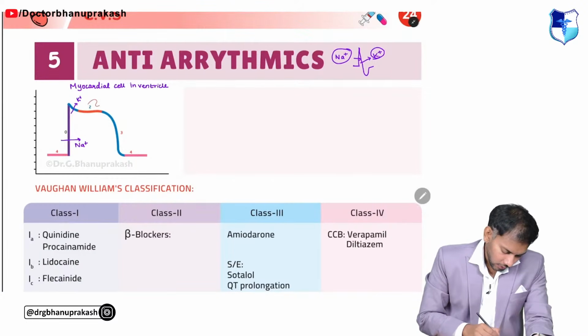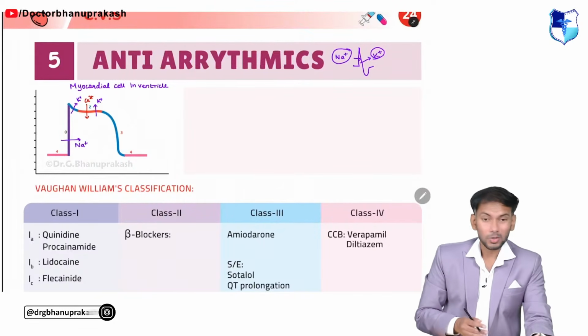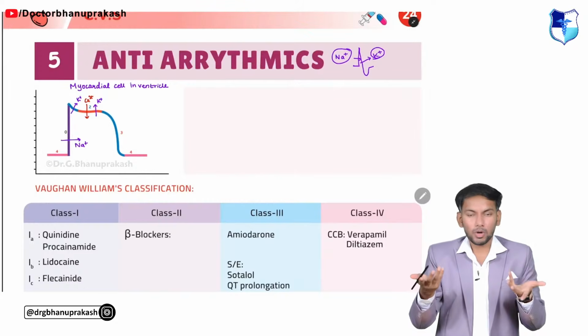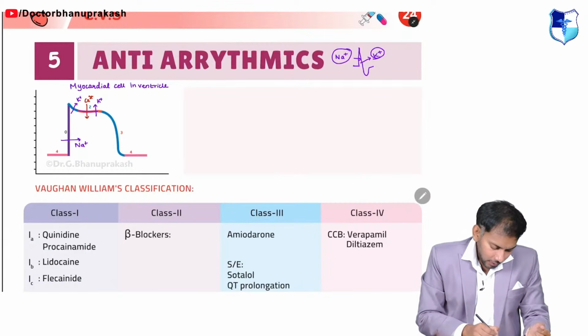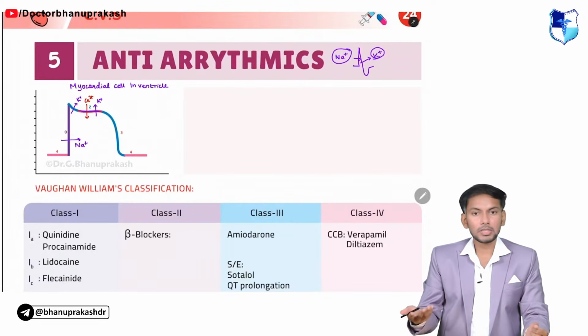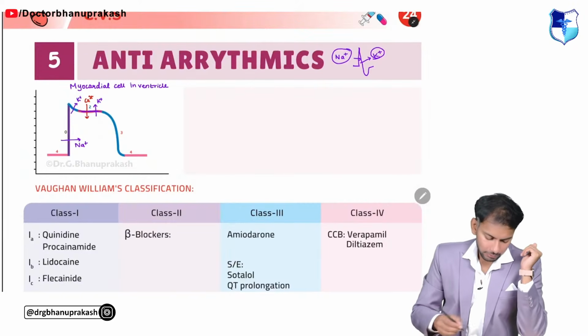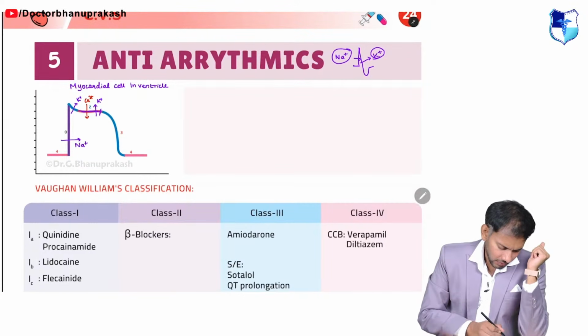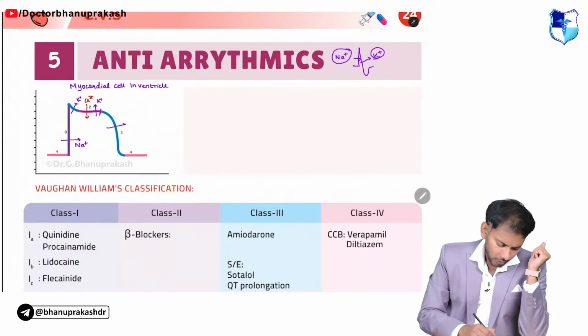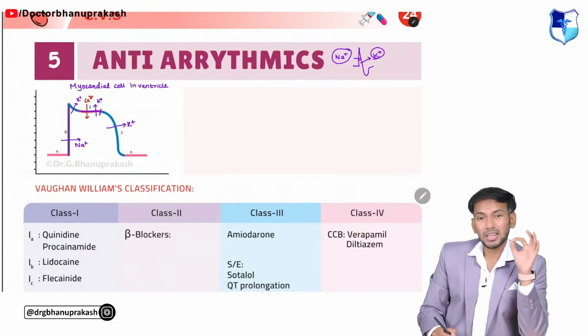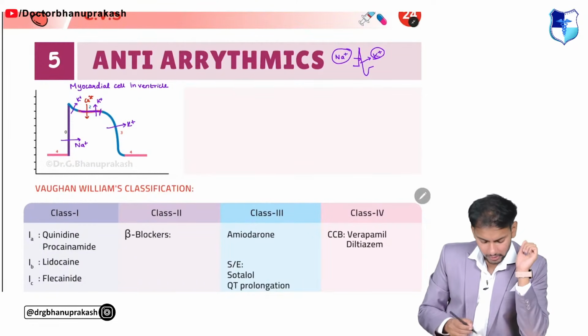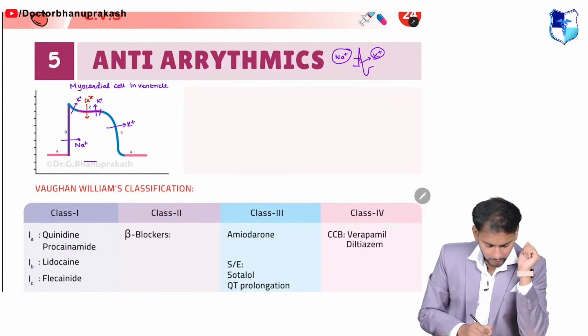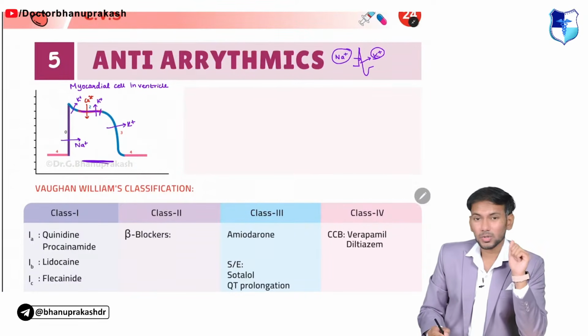You see here, calcium is going inside, that is a positive charge, but potassium is coming outwards, that is also a positive charge. So it cancels out. What will happen? It will remain as a plateau. It is not changing. Now, after a point of time, these calcium channels will close. Once these calcium channels close, the potassium comes out as usual. That is the reason why in the myocardial cells, during repolarization, there is a plateau.